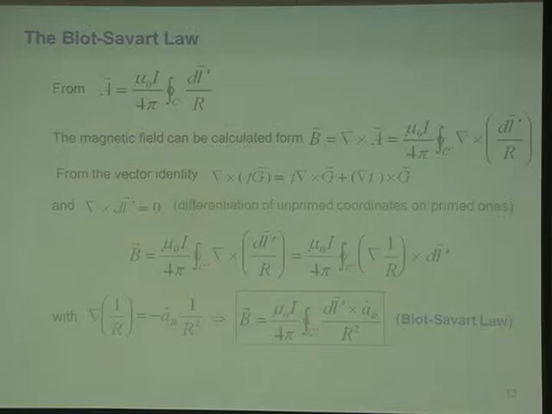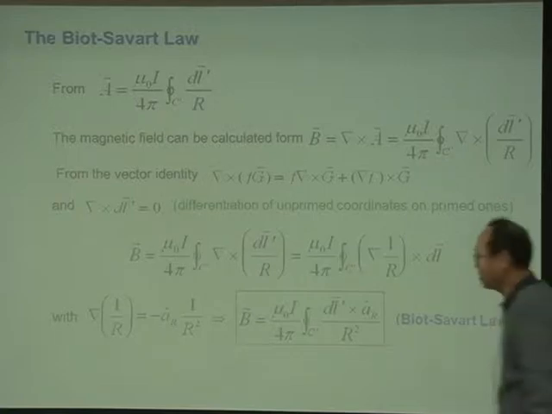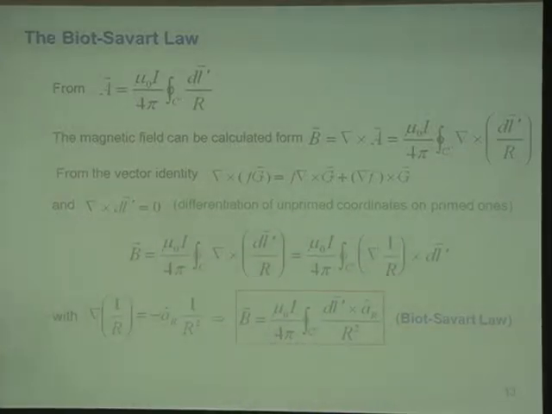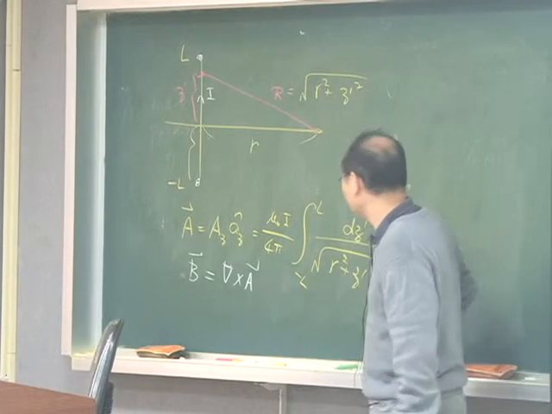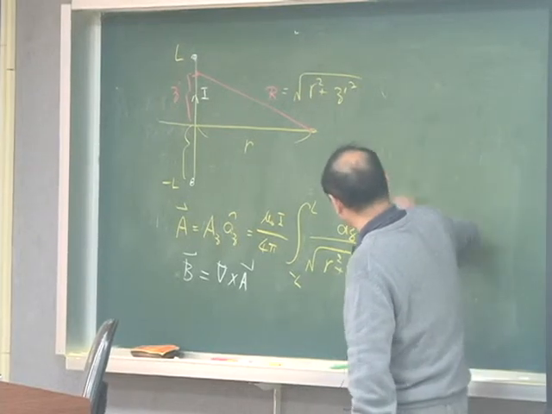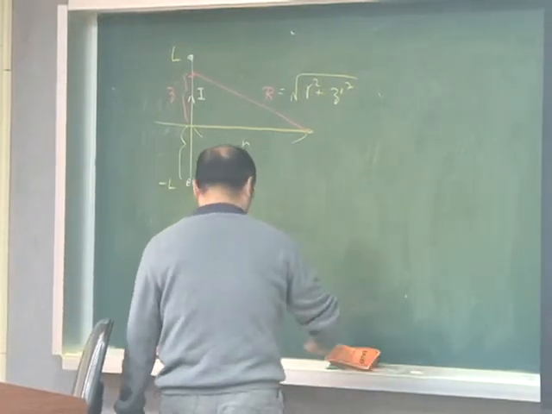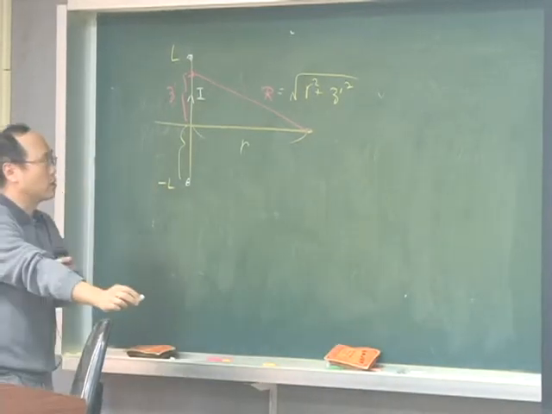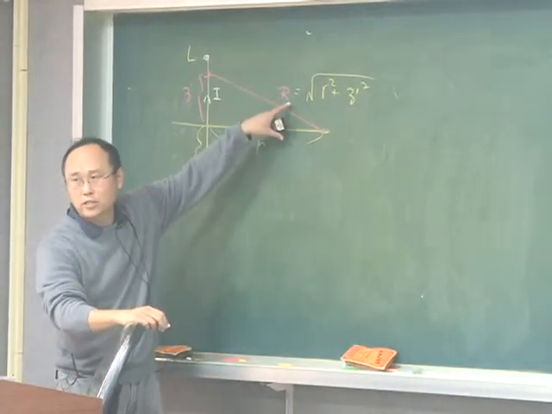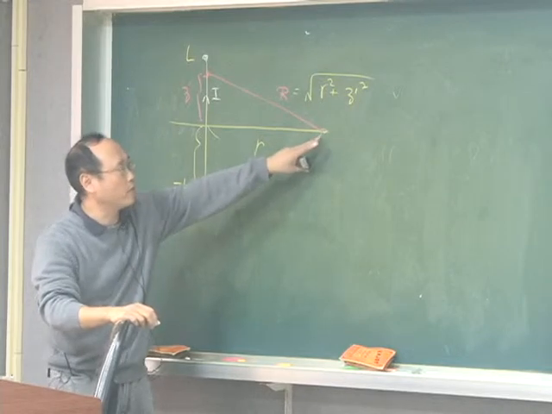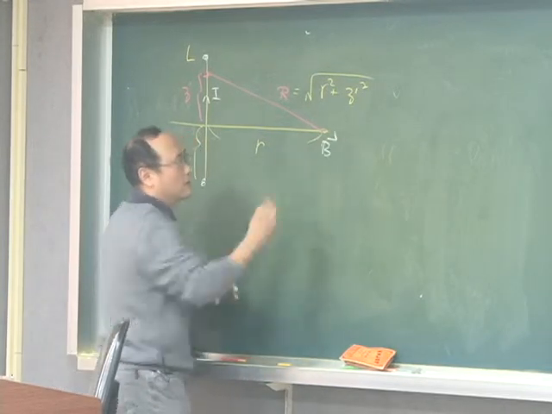This is the so-called Biot-Savart Law. So we can go back to the same problem and use the Biot-Savart Law to solve it. So in this problem, we do it again. What do we need to know? R remains the same if you want to calculate the magnetic field at this location.